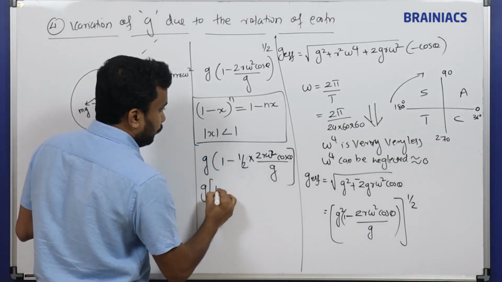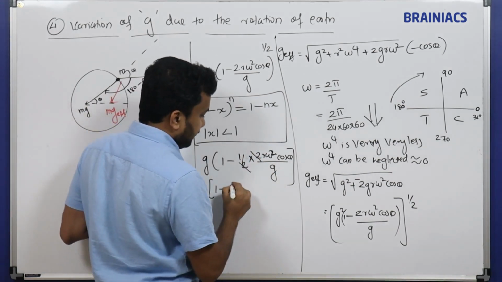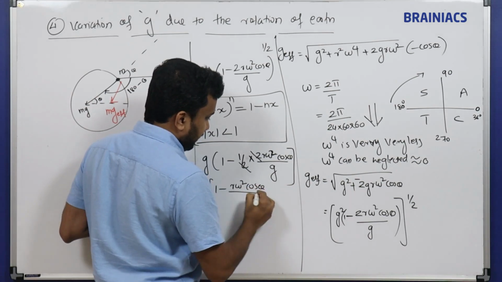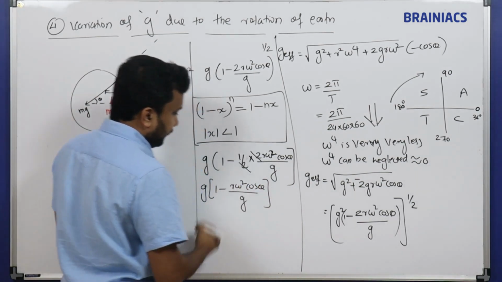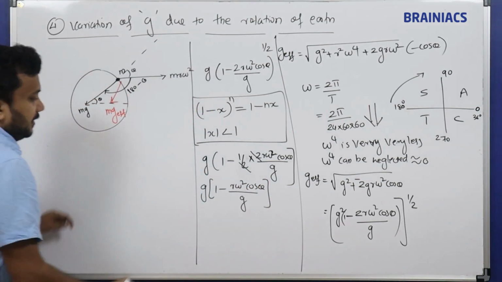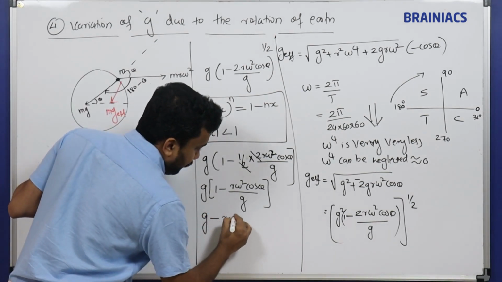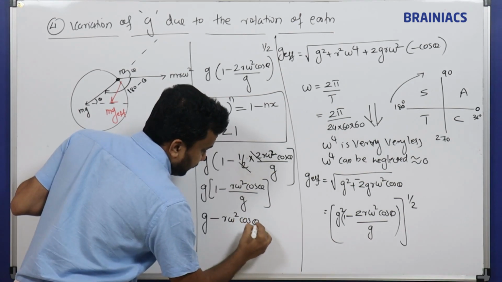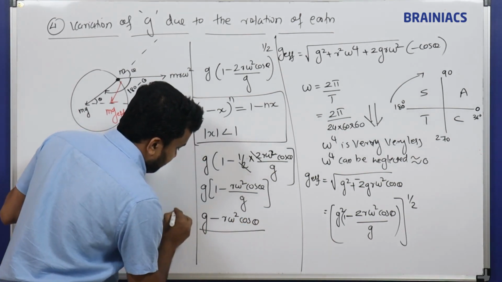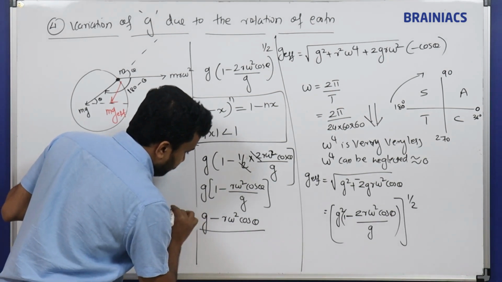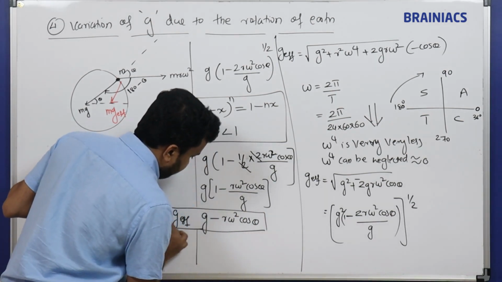So g into 1 minus, 2 gets cancelled, r omega square cos theta divided by g. So further I am expanding g into g minus r omega square cos theta. This is called what? G effective. So this is called the G effective equation.